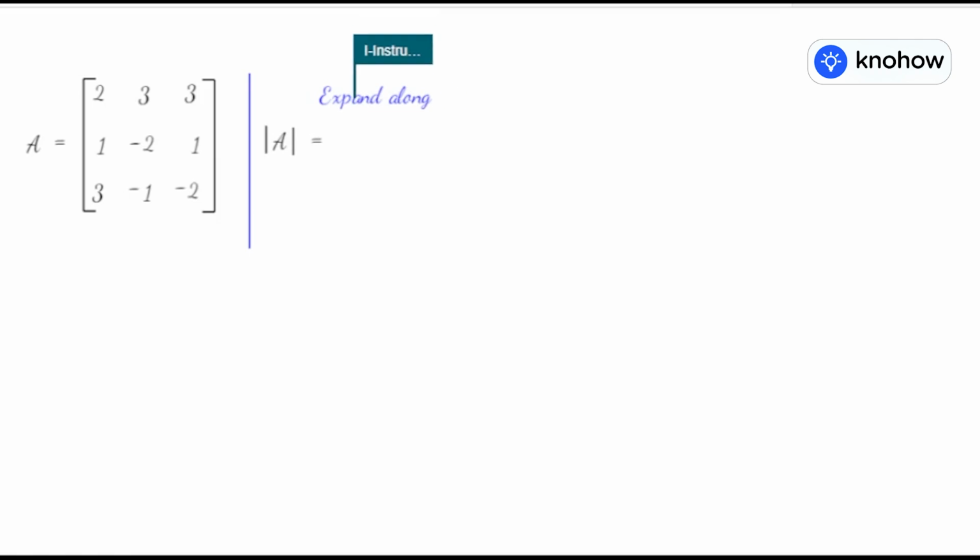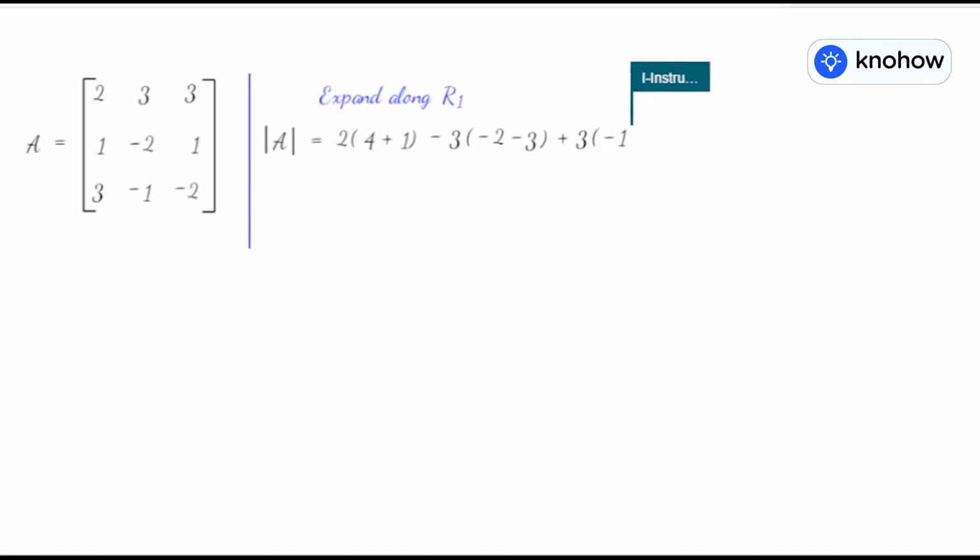Expand along R1. You get 2 times, delete the row and column through 2, you get 4 plus 1. And you know the sign convention, plus minus plus. So it should be minus 3 times, delete the row and column through 3, you get minus 2 and minus 3. And then plus 3 times, delete the row and column through 3, you get minus 1 plus 6.